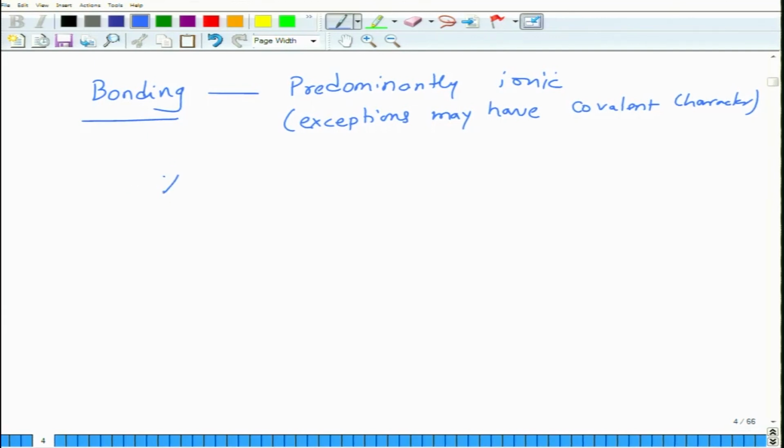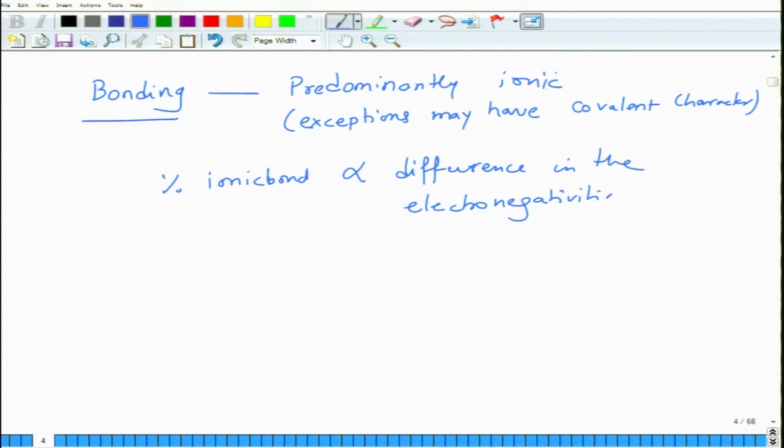So, the percentage ionicity of the ionic bond is proportional to the difference in the electronegativity of, let us say, A and X, where A is the cation and X is the anion.